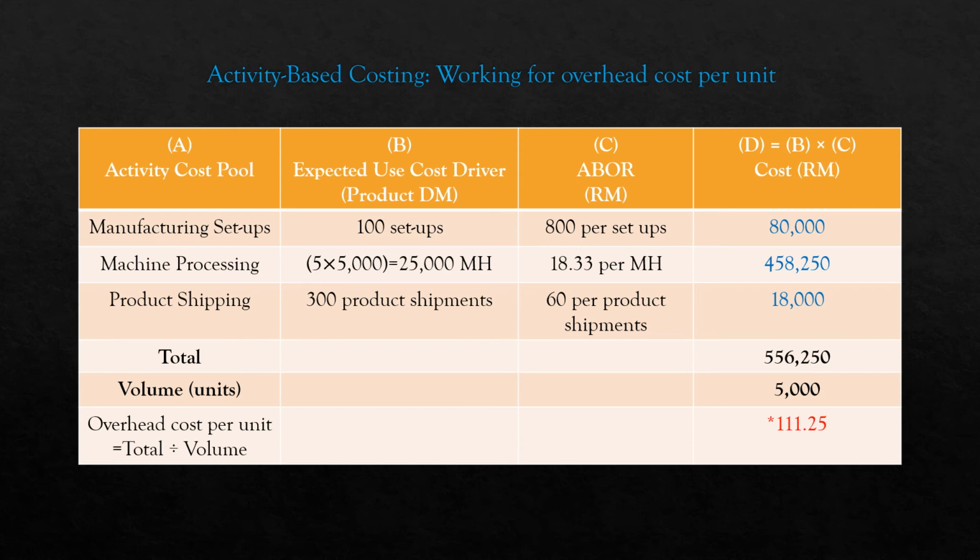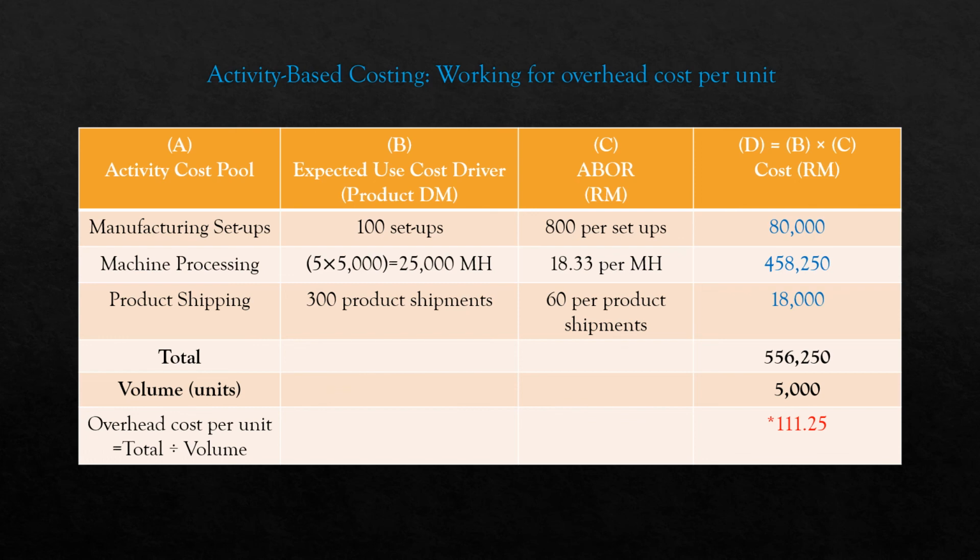Let's start with manufacturing setup. The expected use cost driver consists of 100 setups and the absorption rate is 800. 100 multiplied by 800 is RM 80,000. Next is machine processing. The expected use cost driver in product DM is 25,000 machine hours and the absorption rate is 18 ringgit 33 cents per machine hour.